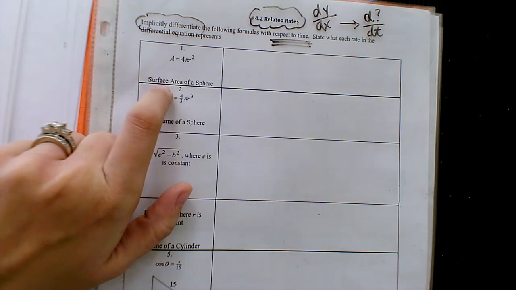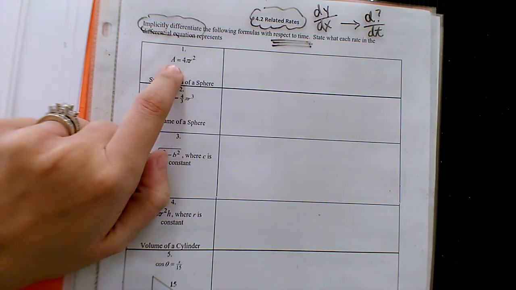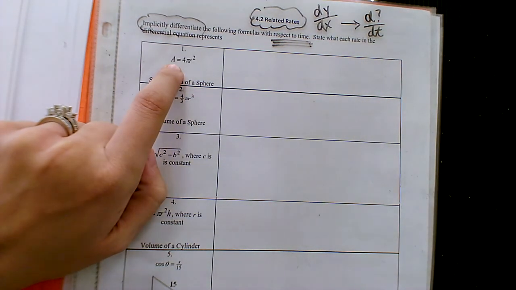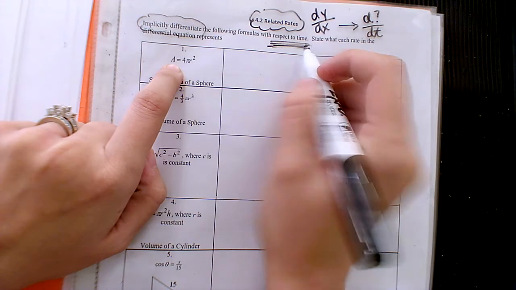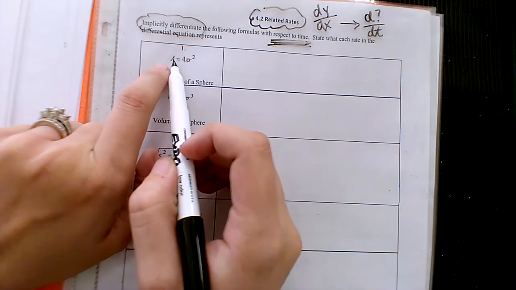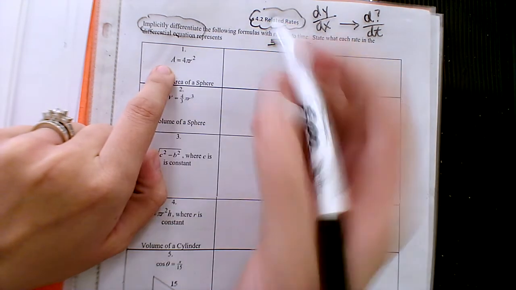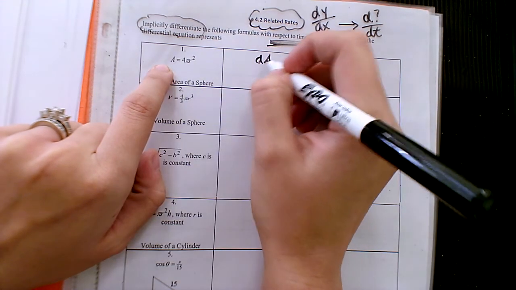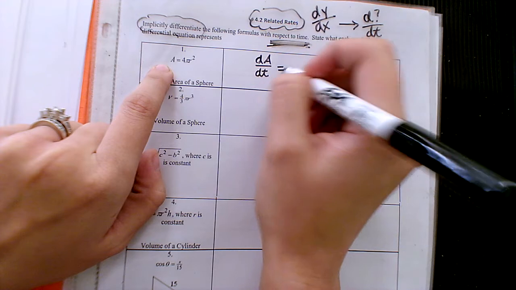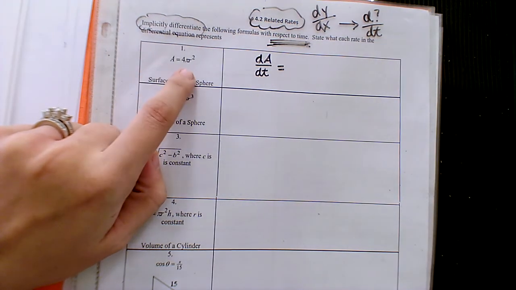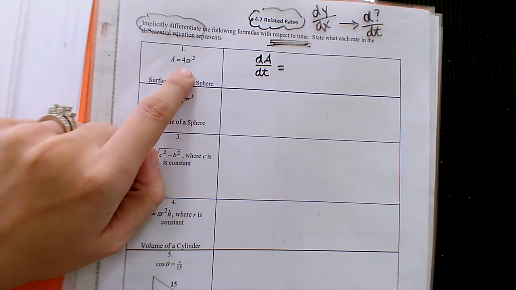So this first equation is the surface area of a sphere. We're just going to practice finding the derivative with respect to time. If you want to take the derivative of A, that would be dA over dt. And then we're going to try to find the derivative of the right-hand side. What do you think the derivative is of 4 pi r squared?